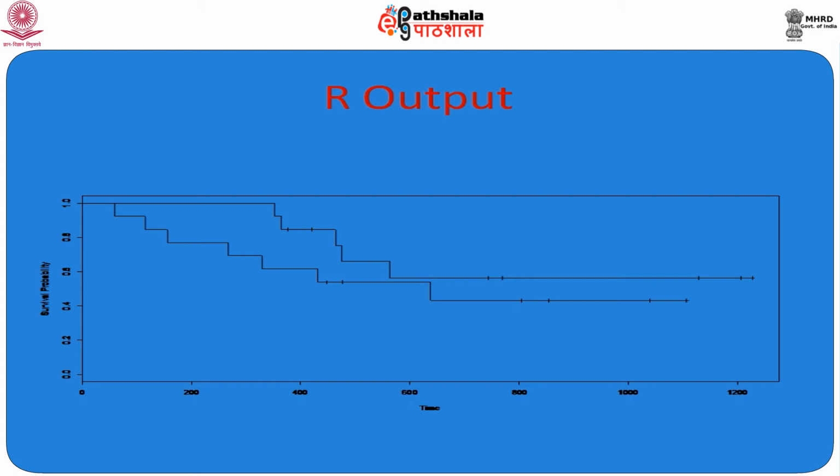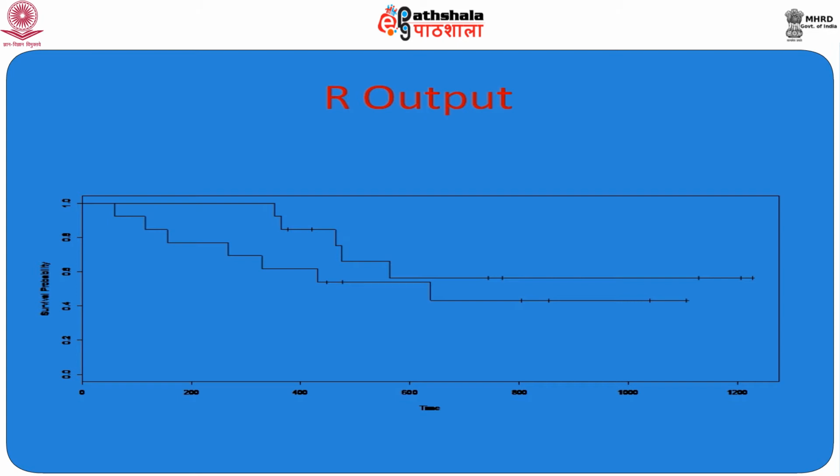Since the maximum observation was followed for more than 1200 days, the axis shows the maximum value at more than 1200 days. From study initiation, the probability started from 1 and keeps on decreasing throughout the study period.